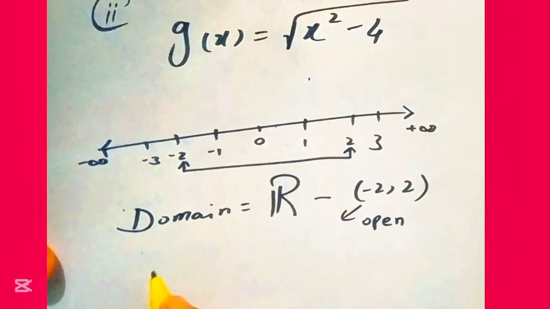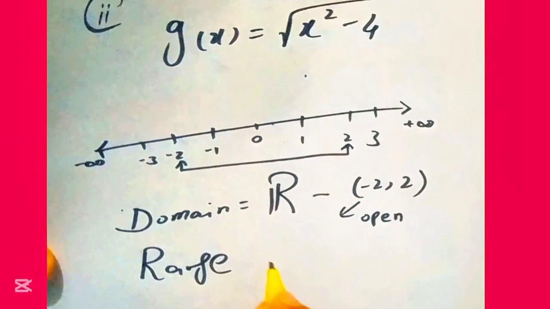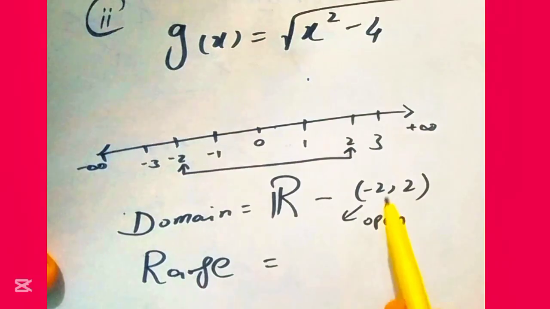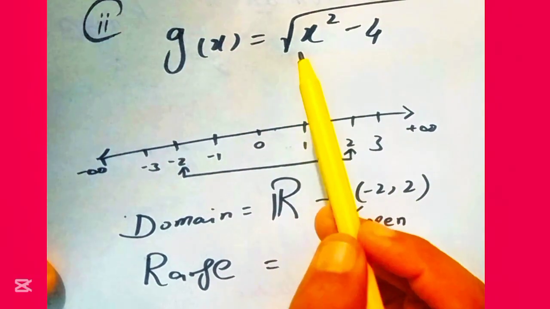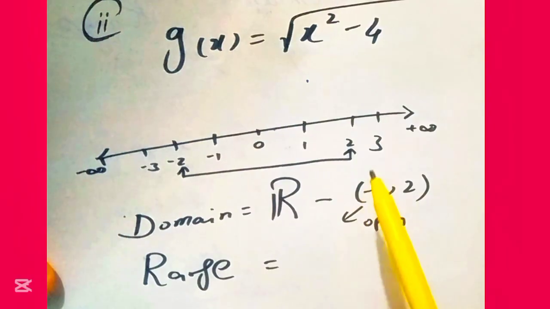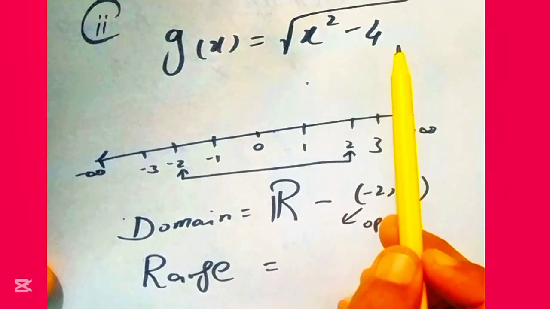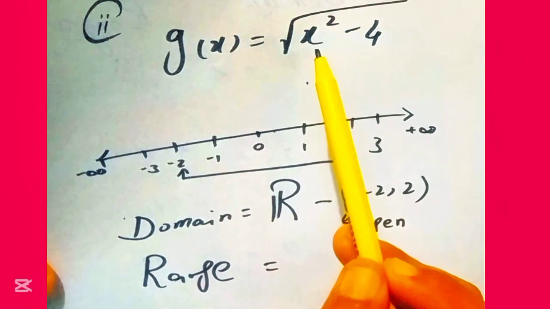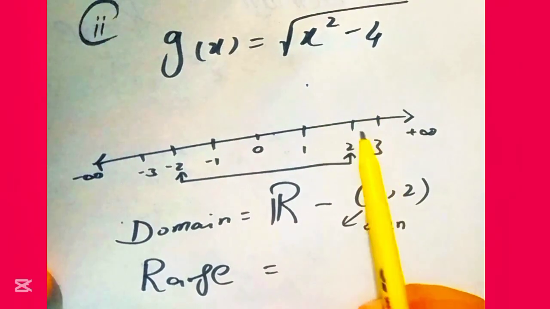For finding its range, we simply put 2 into the function. So 2 power 2 is 4, 4 minus 4, and if we replace plus 2 or minus 2, our answer becomes 0.